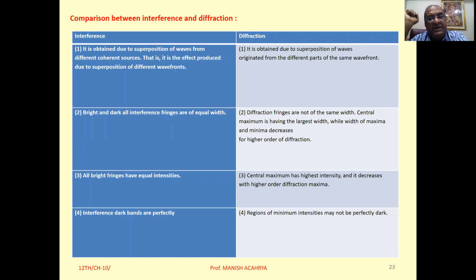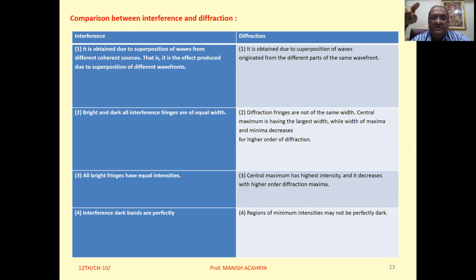In diffraction pattern, central maxima have the maximum width, and then after for successive minimas and maximas, the width is decreasing. Then in interference, all the bright fringes are with same intensity.